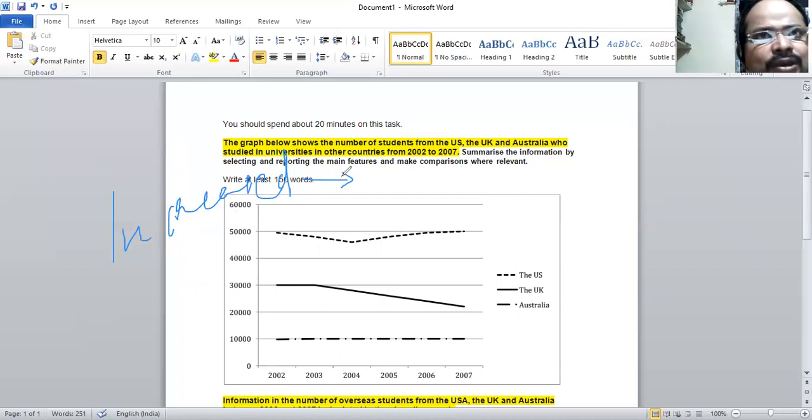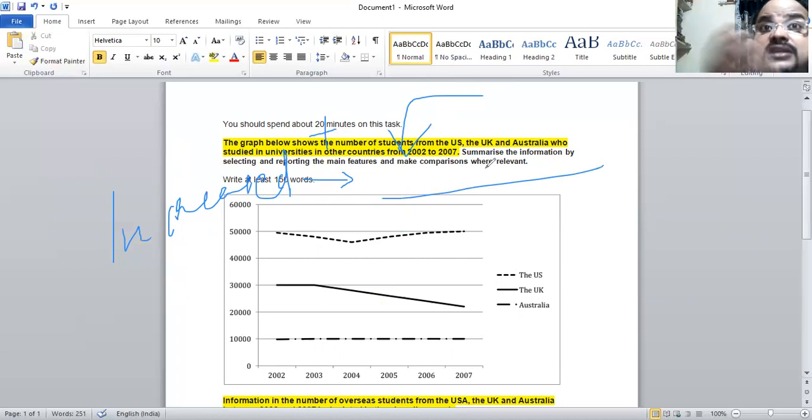Similarly, I can say increased marginally. So I can use different types of vocabulary in addition to increased. This represents the way in which it increased, and this is very crucial when we represent a line graph.